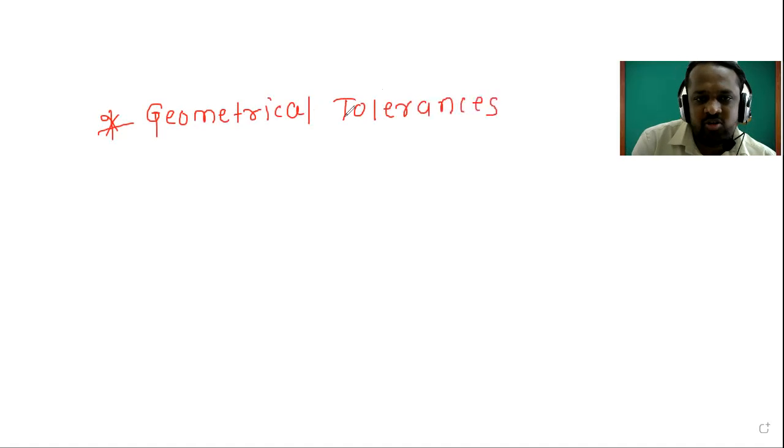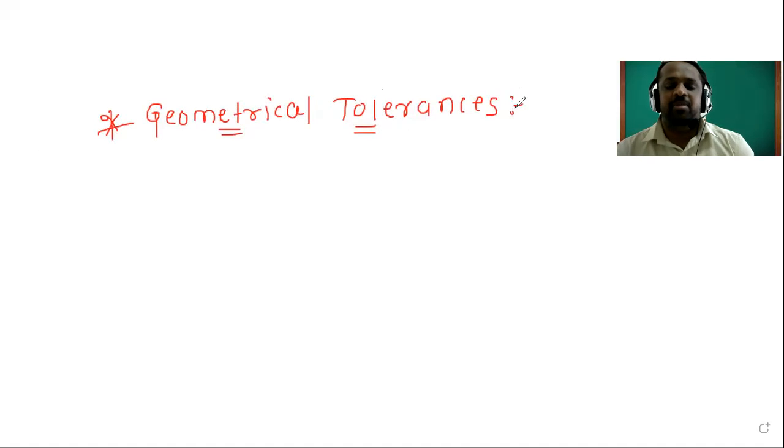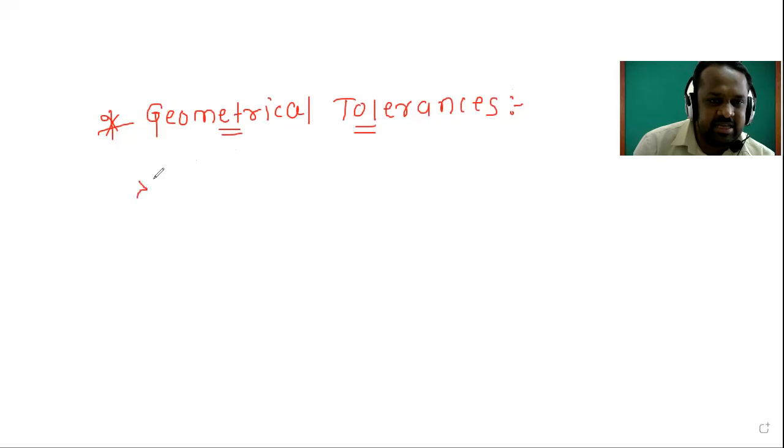What is meant by geometrical tolerances? Already we have discussed dimensional tolerances: the upper limit, the lower limit, and the difference between both limits is the tolerance. Again, we have unilateral and bilateral tolerances, but this deals with geometrical tolerances. Here is a simple definition.